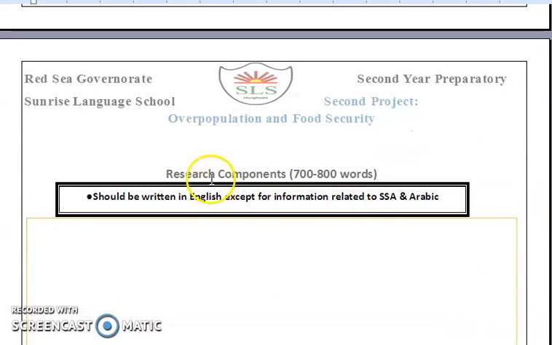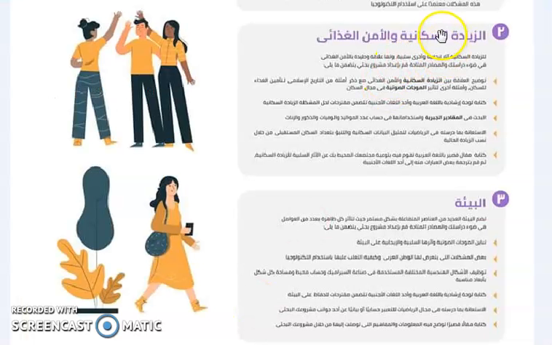Then the research components, or the main ideas, you will write according to the subject that you have. For example, I have here the population and food security.